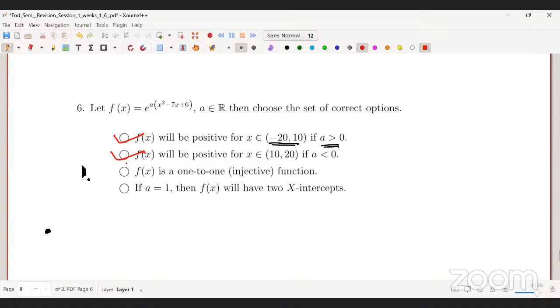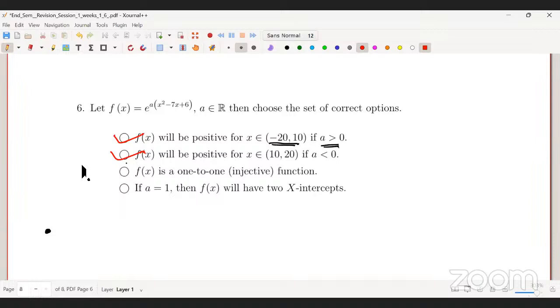Okay, so what about option 3? No, sir, not 1 to 1, because it has two roots in the quadratic equation. So what are the roots of this quadratic equation? Minus 6 and minus 1? Minus 6 and 1?